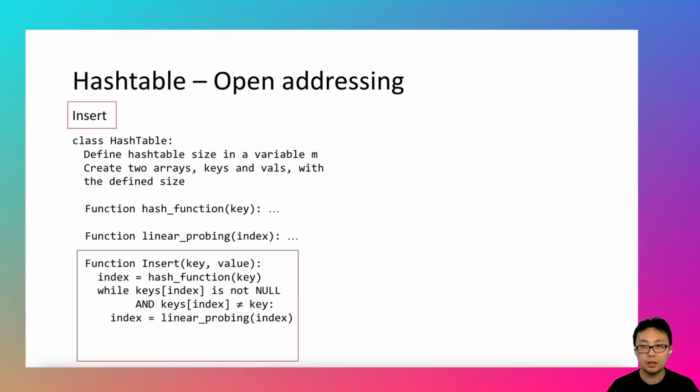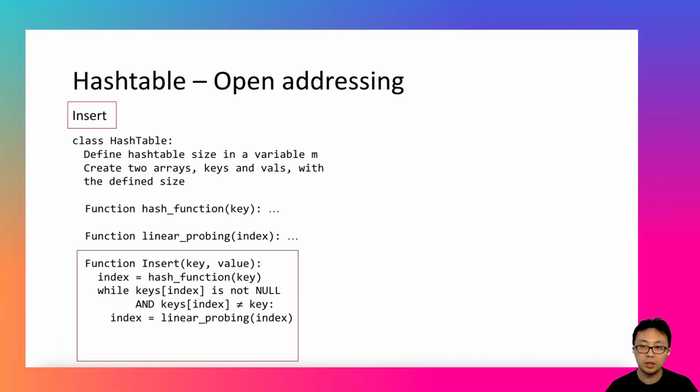The first thing the insert method will do is to compute the index based on the hash function under the same class. Just in case the index is occupied, it takes advantage of a while loop to run the probing function until a next available position is found, then assigns it to the same index variable.